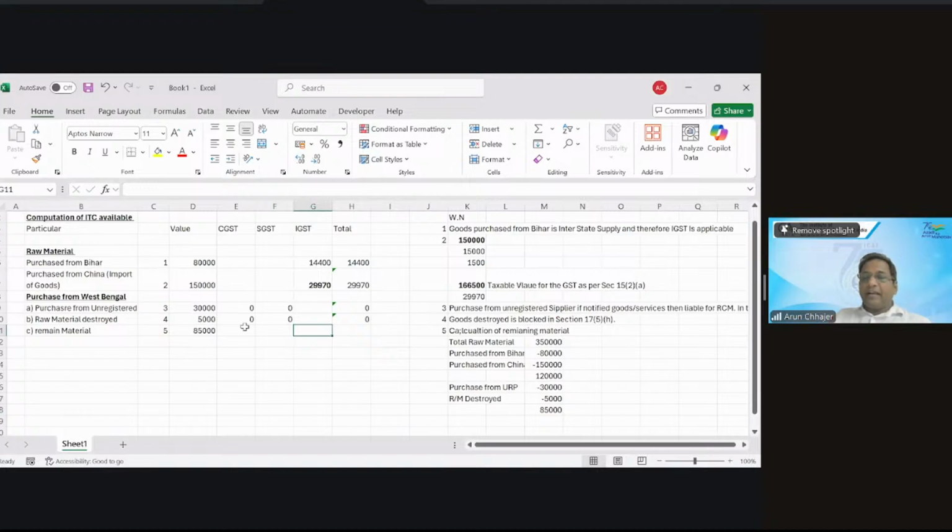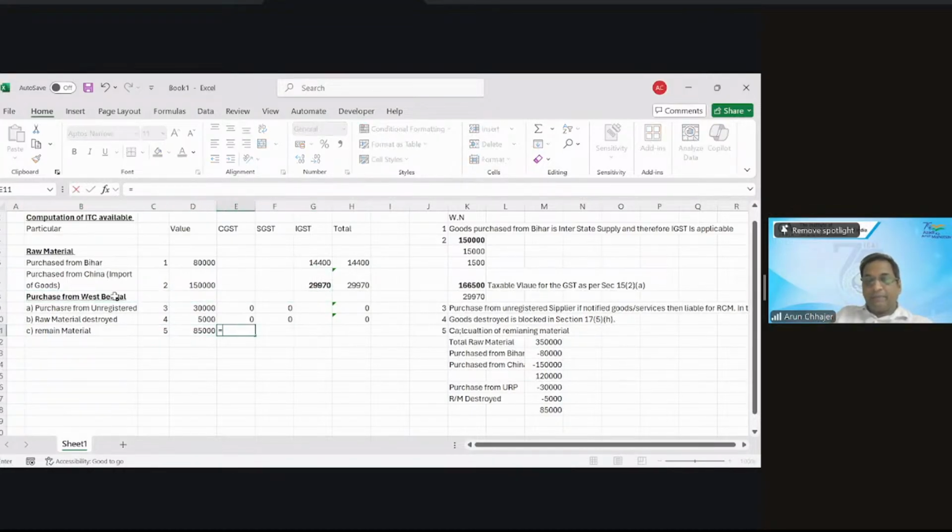So will it be IGST or will it be CGST plus SGST? Answer is, if you purchase from West Bengal, then it will not be IGST, obviously.